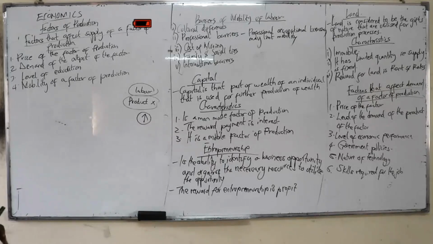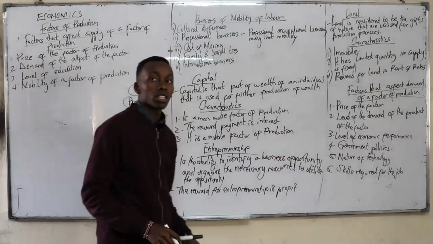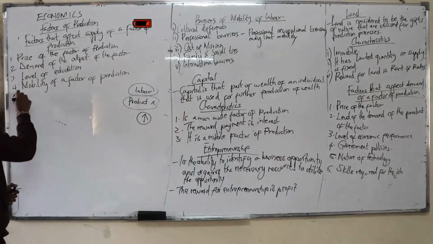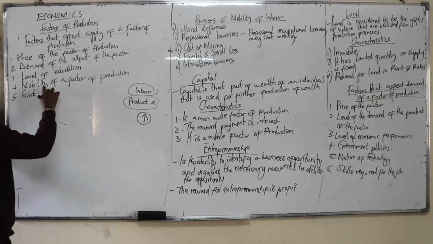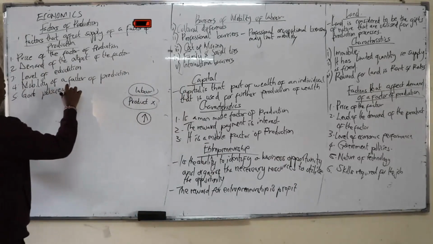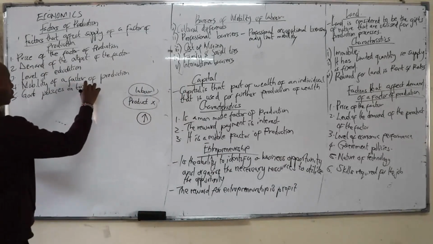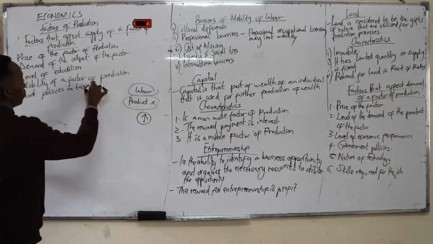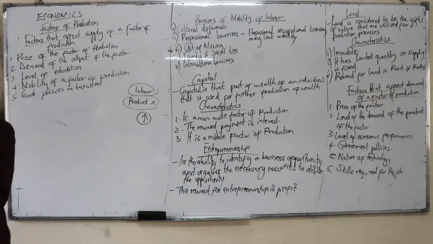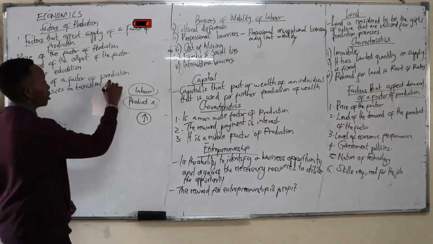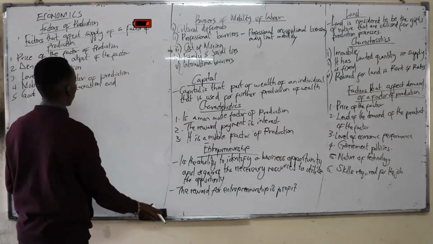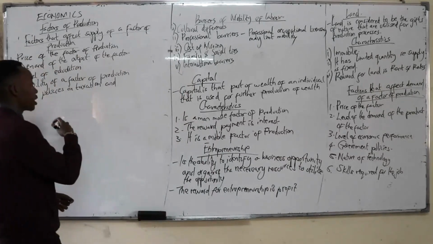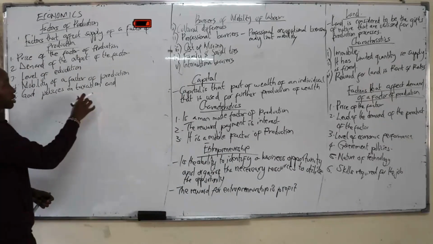And then the same case applies to government policies on taxation also. So government policies on taxation, if they increase the taxes or the subsidies, then this will affect some of these aspects. For example, if they increase the income tax, it means that you may have to pay these individuals more.